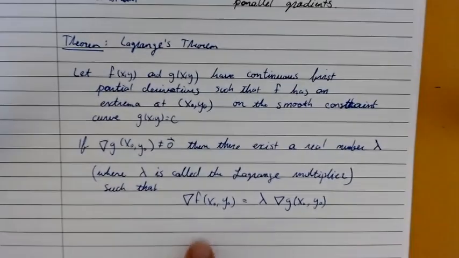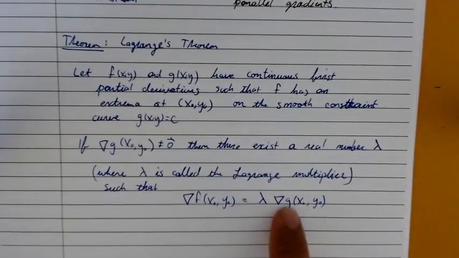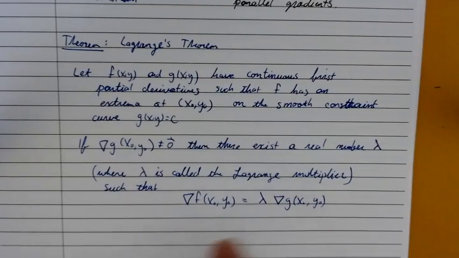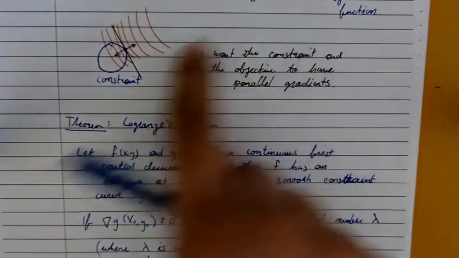Or in other words, the gradient of f is a multiple of the gradient of g. Or in other words, the gradient of f and the gradient of g are parallel to each other, as was suggested from our earlier motivation.